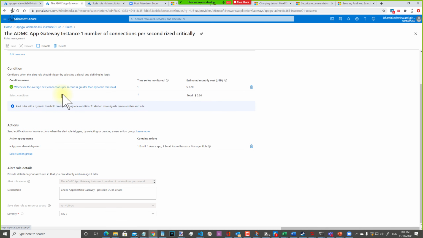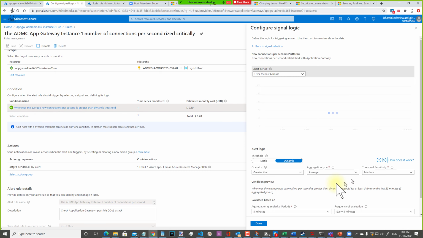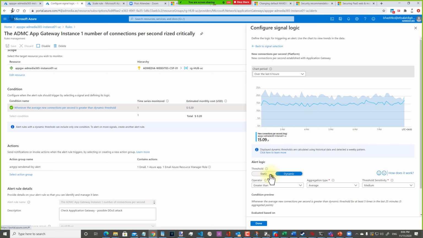Look how the condition looks. This is to say that in the last 5 minutes we have dynamic, not static, alerts. It means that this is the current trend. This is the trend, the threshold sensitivity.